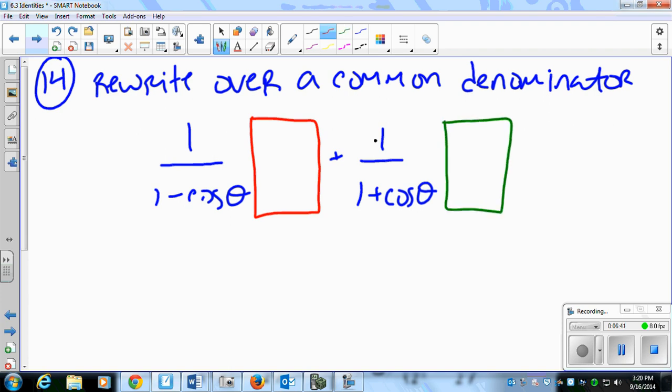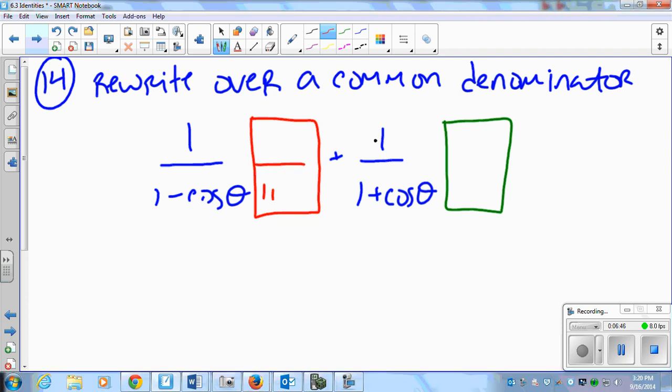Now, to get a common denominator, I look at the denominator over here, and I want it to be 1 plus cosine of theta. So it's going to be 1 plus cosine of theta over 1 plus cosine of theta, keeping that congruent. And then over here, I know I need to do 1 minus cosine of theta over 1 minus cosine of theta. Okay?